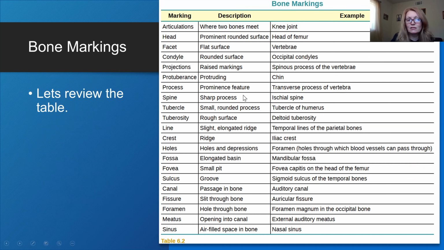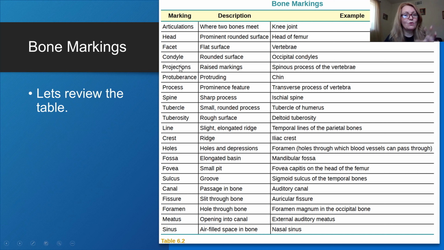When we cover the skeletal system, unfortunately, not only do we need to know these 206 bones, we also need to know some features of those bones, some markings. For example, if you have a humerus, you have a head of the humerus, or you have the iliac crest, or you have some fossa, you have foramen.